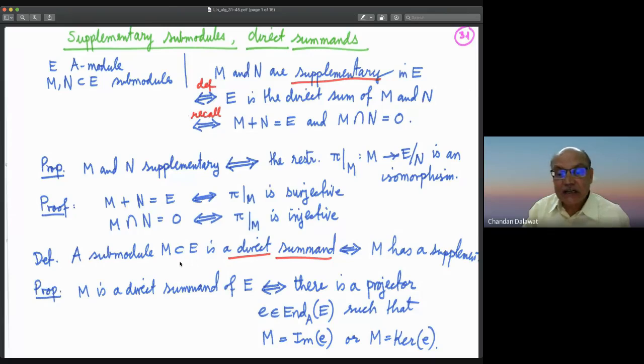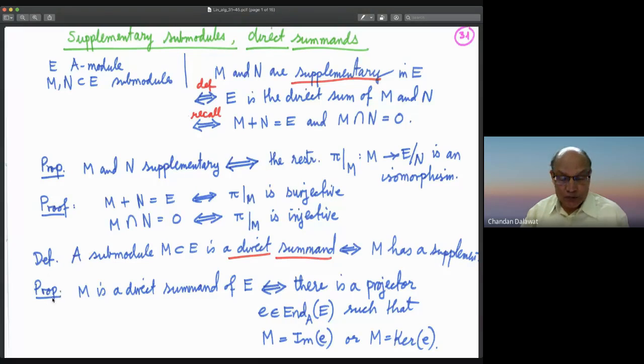I mean, you can take the Z-module Z, and inside it you can take the submodule 2Z. It doesn't have any supplement. Z cannot be written as 2Z direct sum something else, right? So supplements sometimes exist, sometimes don't exist. And when they exist, we say that M is a direct summand. If they don't exist, we say that it's not a direct summand.